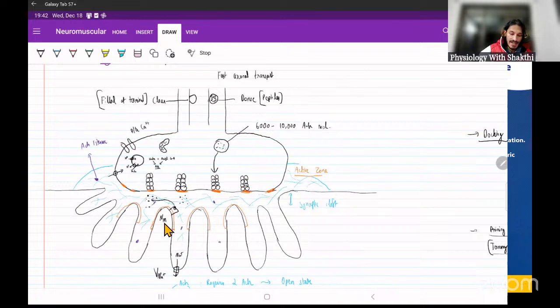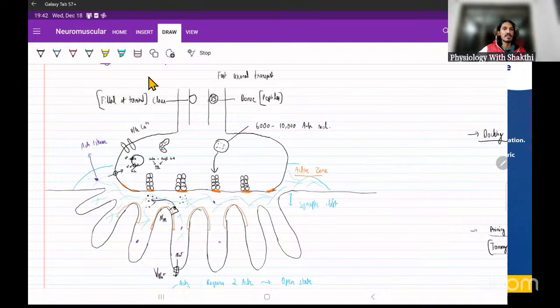In the postjunctional fold, this is where your nicotinic muscle type receptors are present. Acetylcholine will combine with the nicotinic muscle type receptors, resulting in an end plate potential, which is similar to a graded potential. Once the end plate potential reaches its threshold, it will activate a voltage-gated sodium channel, resulting in influx of sodium, and the action potential will continue here.